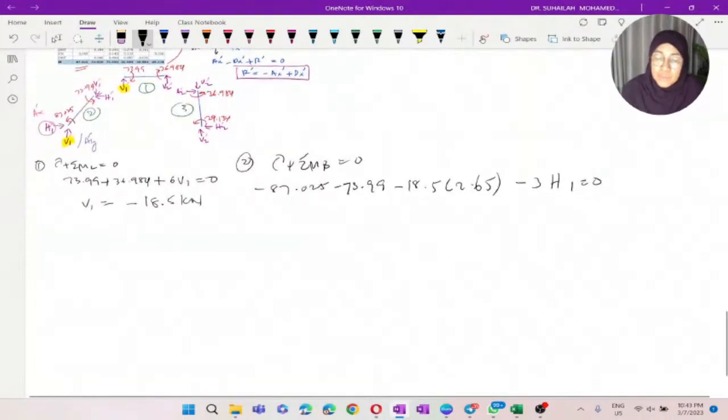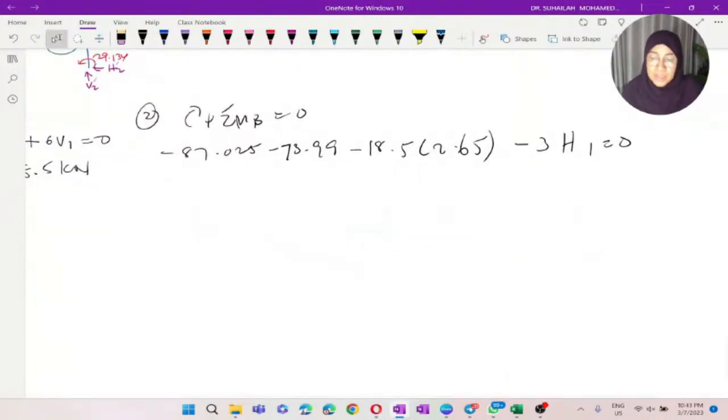So from this we will get H1. H1 is negative 87.025 minus 73.99 minus 18.5 times 2.65.